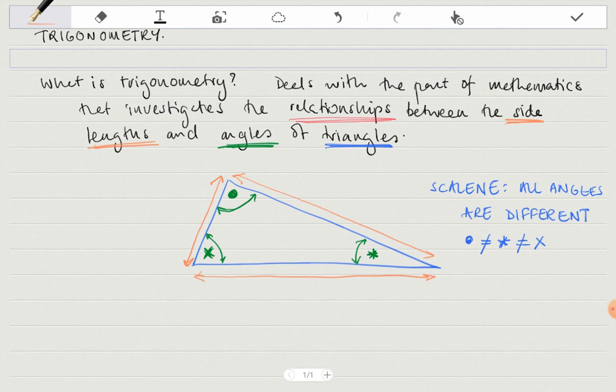If you look carefully, when we talk about our side lengths, the lengths are measured in distance units.